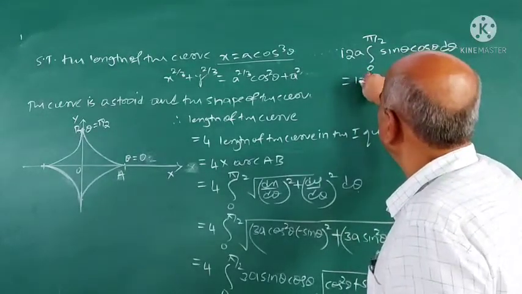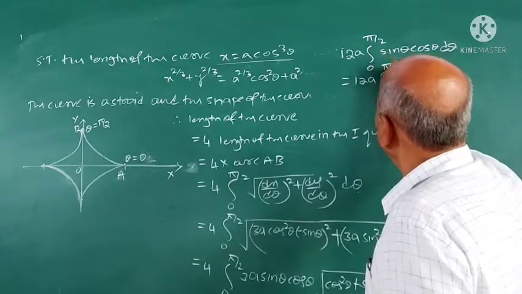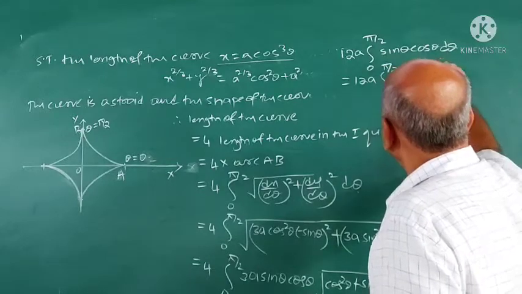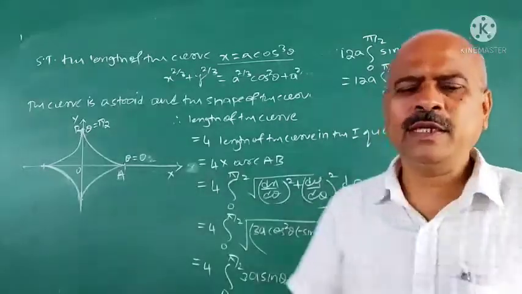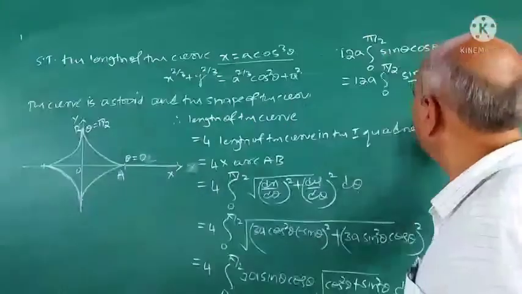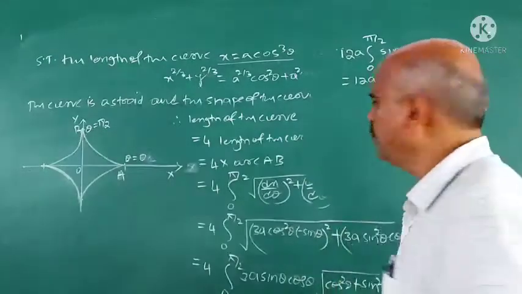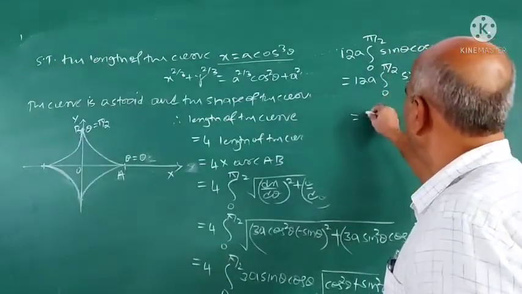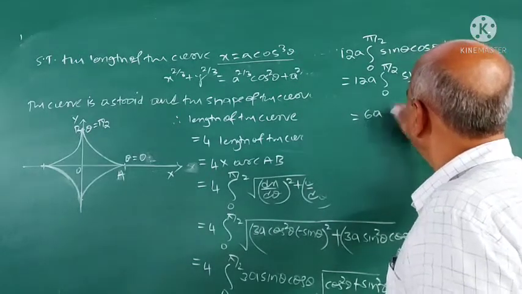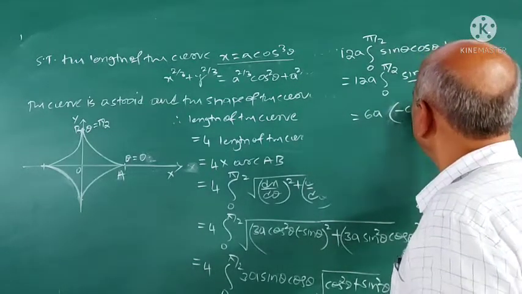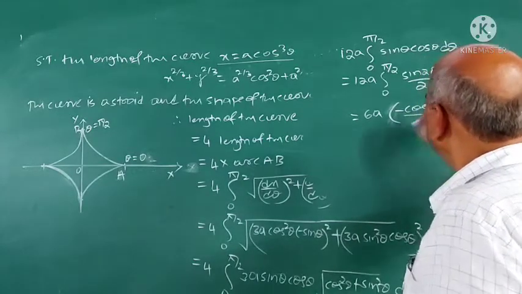So I write this as 12a 0 to pi by 2 sin 2 theta upon 2 with respect to theta, because we know the formula for sin 2 theta. 6a 0 to pi by 2 sin 2 theta is minus cos 2 theta upon 2, 0 to pi by 2.